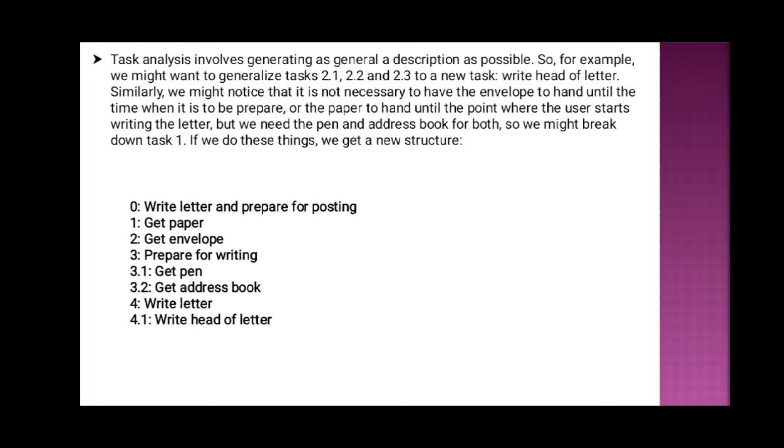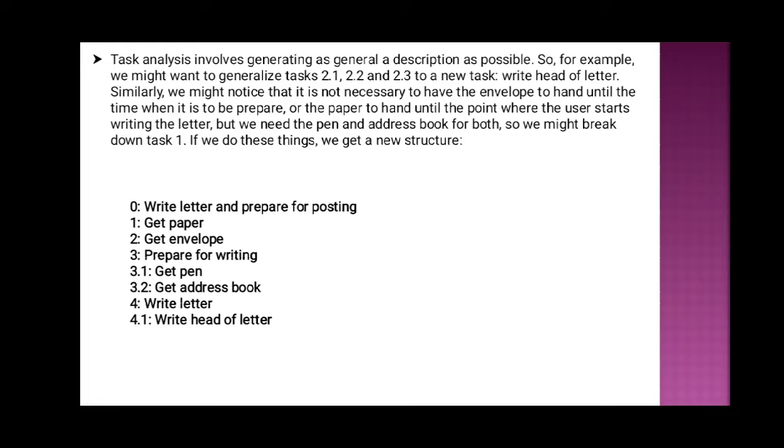Task analysis involves generating as general a description as possible. So, for example, we might want to generalize tasks 2.1, 2.2, and 2.3 to a new task: write head of letter.